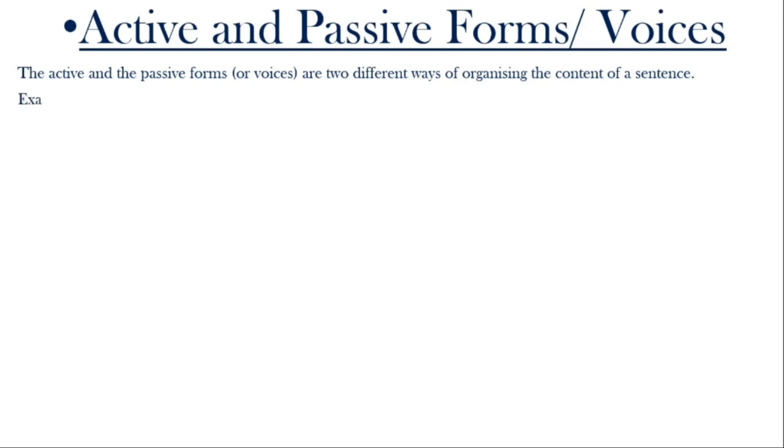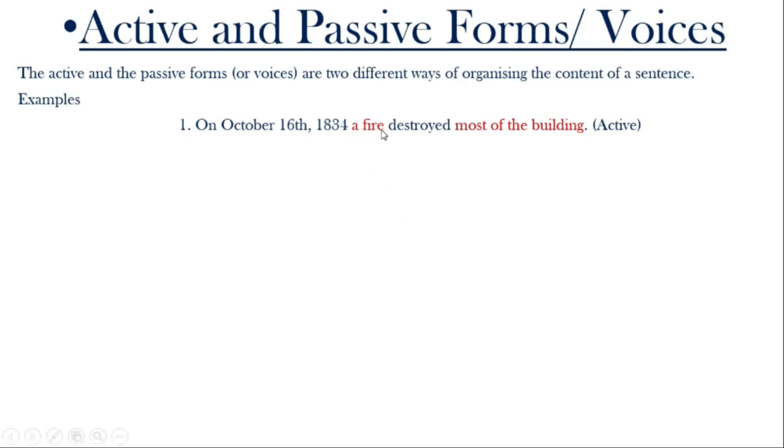We have an example. Example number 1. On October 16th, 1834, a fire destroyed most of the building. So as you see here, this sentence is in the active form. And here, the word fire is in red, and most of the building also is in red.